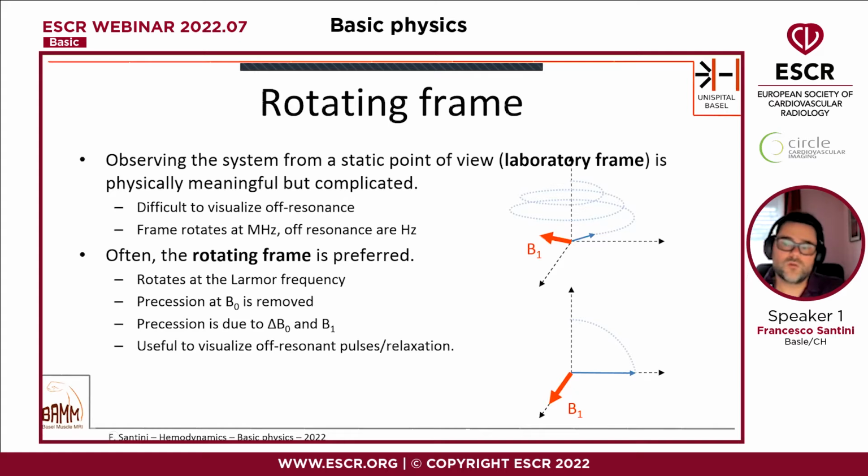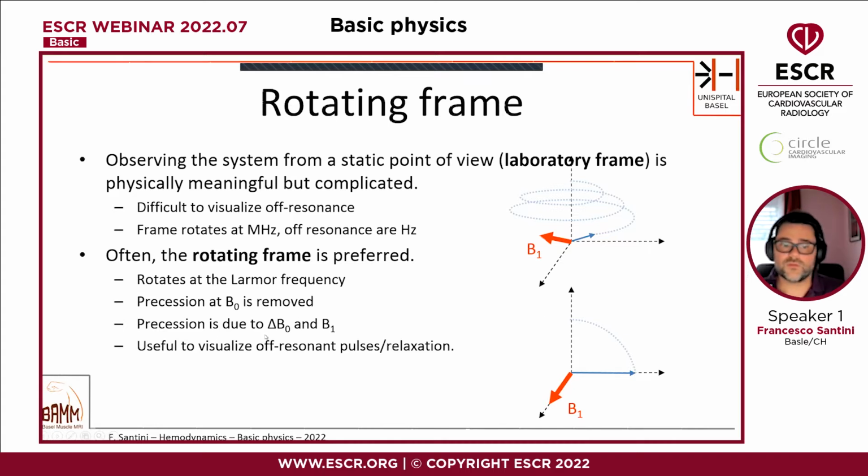So what do we do? As physicists, we put ourselves sitting on top of the B1 field, rotating together with our magnetization vector at the Larmor frequency. If a spin precesses at the Larmor frequency, we just imagine that it's moving up and down in this plane. It doesn't rotate around, it just excites itself and relaxes.